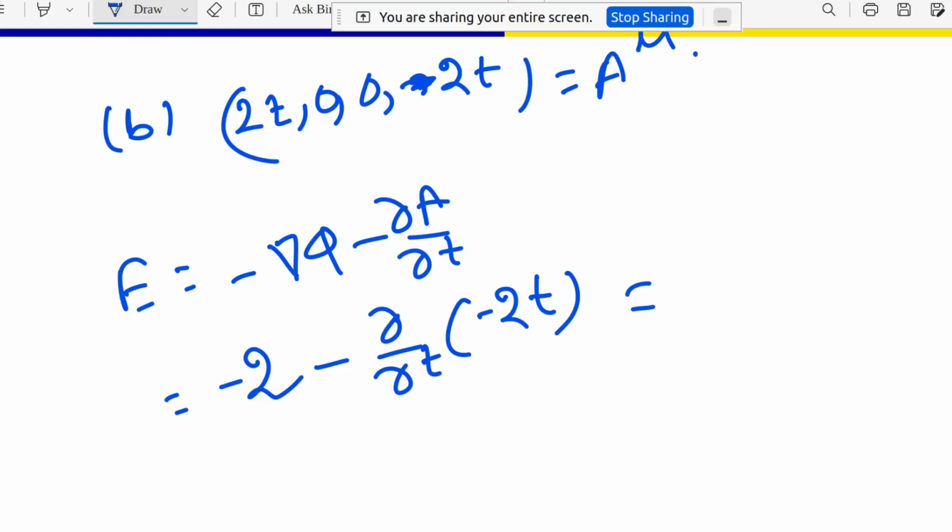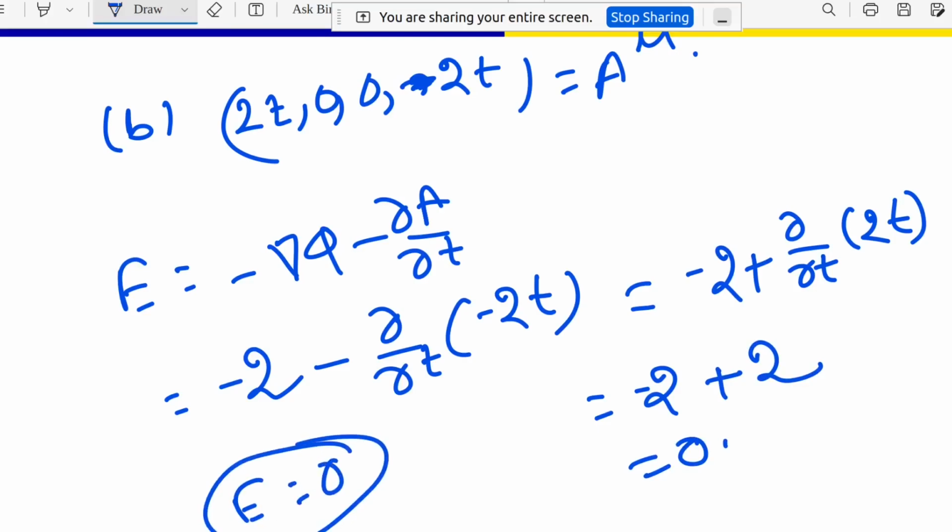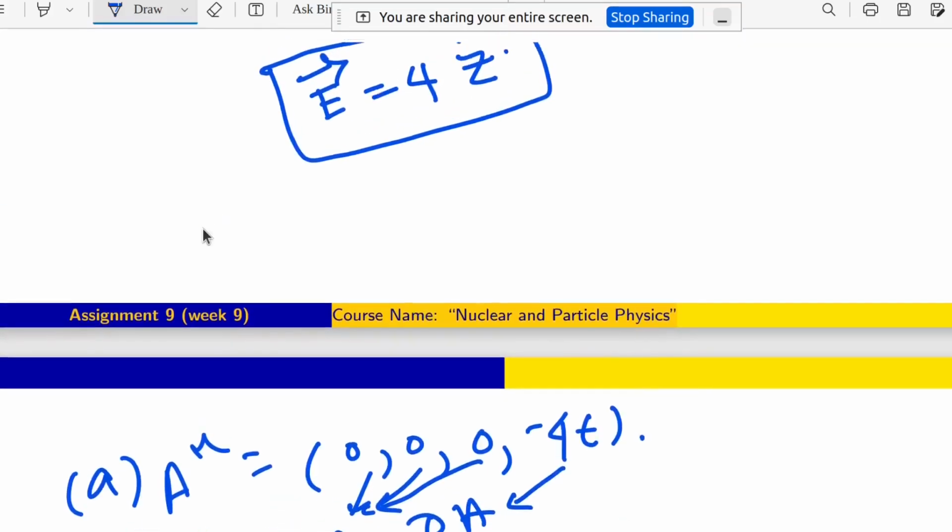Now what will happen here? Minus 2 minus minus plus del T of 2t, it is nothing but plus 2. So it is giving 0. Now the answer is E is giving us 0. So the B option will not be the correct one.